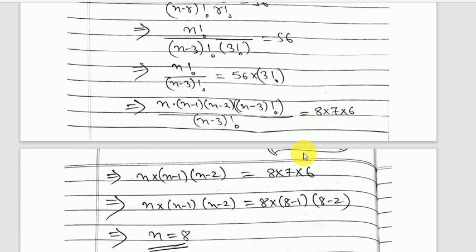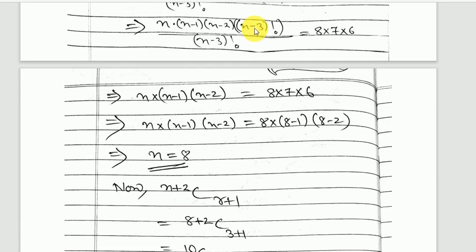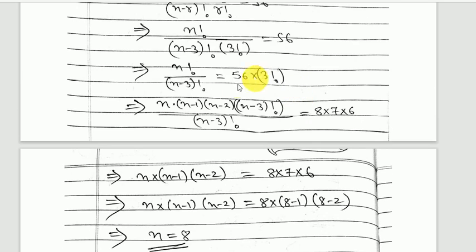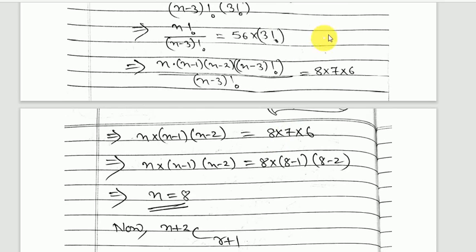So in the next step, factorial N minus 3 in the numerator and denominator get cancelled. So we are left with N into N minus 1 into N minus 2, and this 56 can be written as 8 into 7, and this factorial 3 means 6. So we get 8 into 7 into 6.